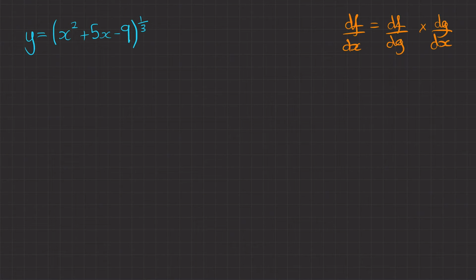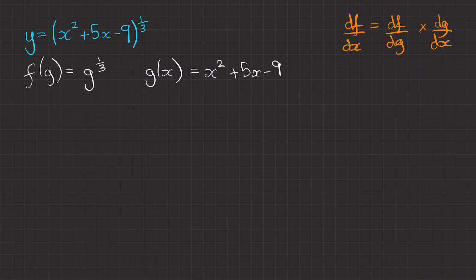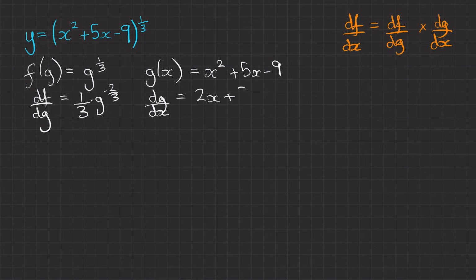So for the blue question, we've got f of g, which is g to the power of a third, and then g of x, which equals x squared plus 5x minus 9. The differential for each is f dash g, or df by dg, which equals a third g to the power of minus 2/3, and dg by dx, which equals 2x plus 5.